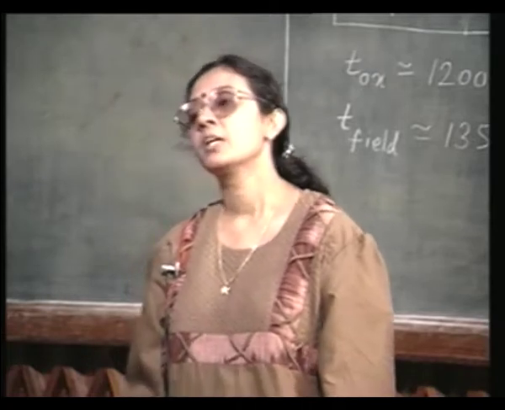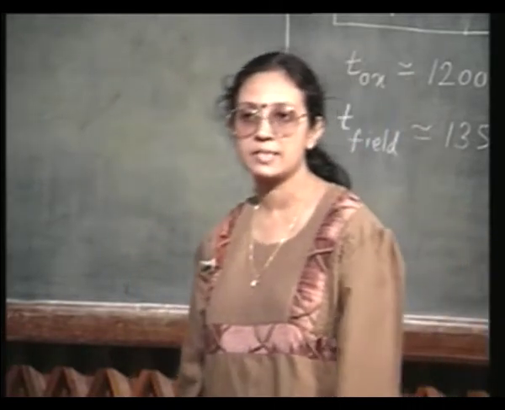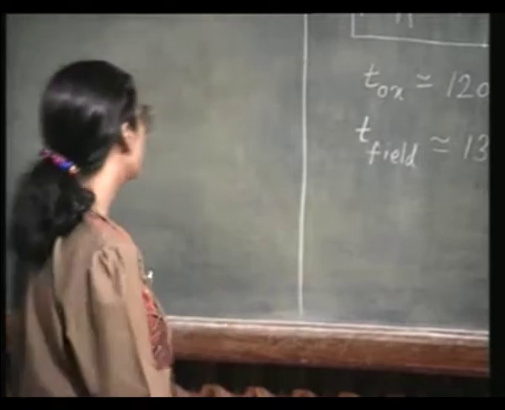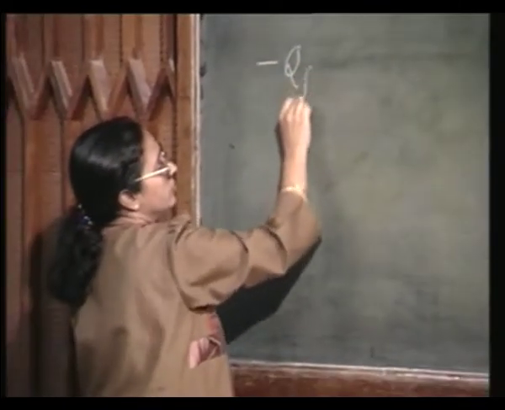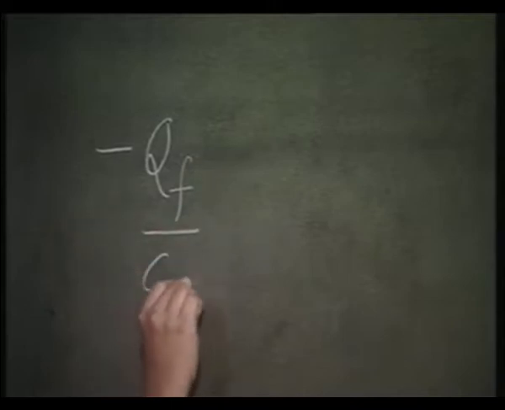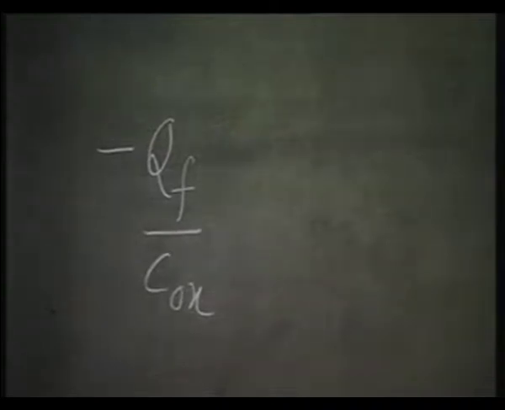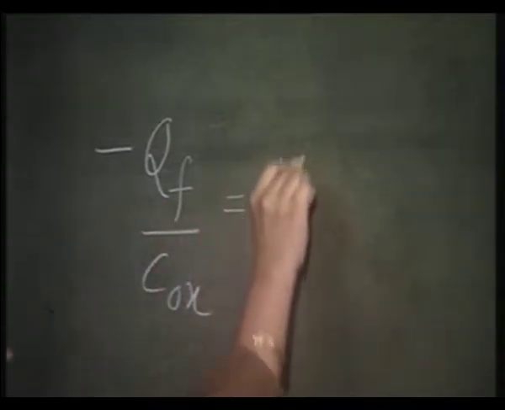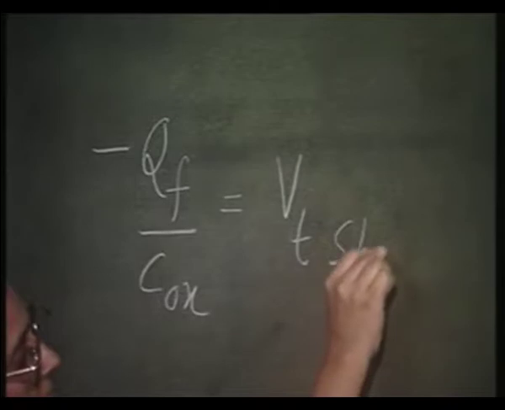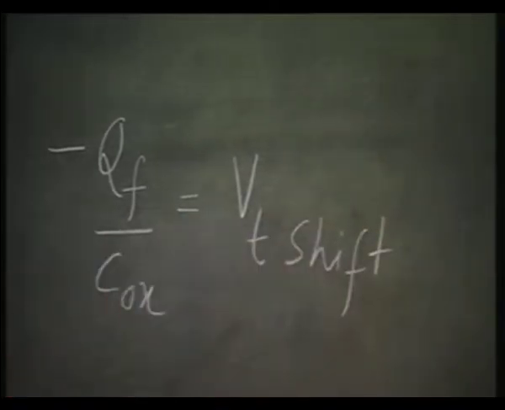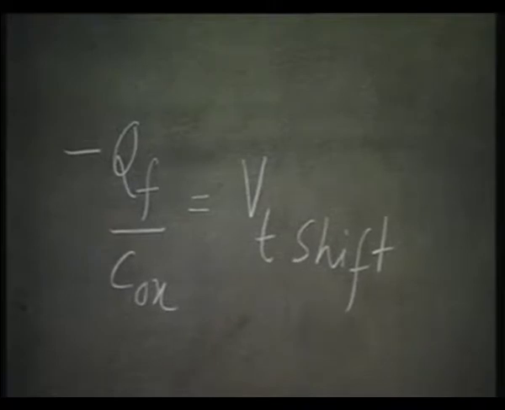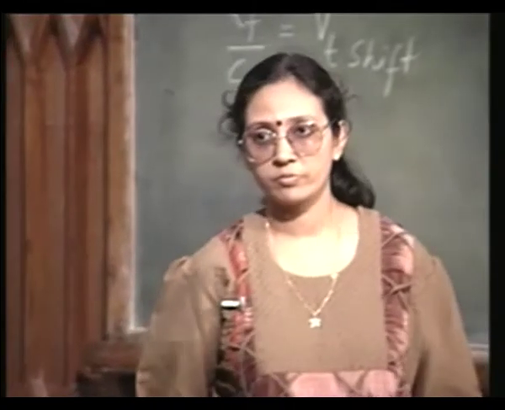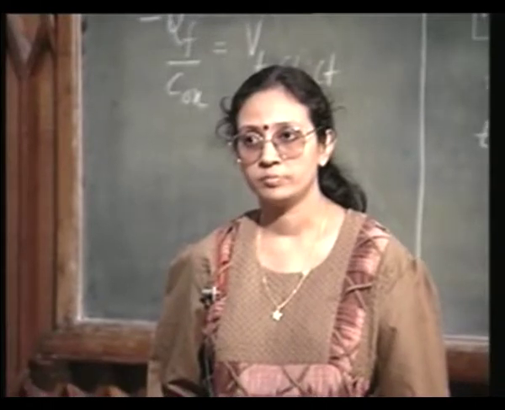You see, if you have fixed oxide charge, the threshold voltage gets shifted by an amount of minus QF by Cox. Unfortunately, in silicon almost always the fixed oxide charge is positive, it is always positive.